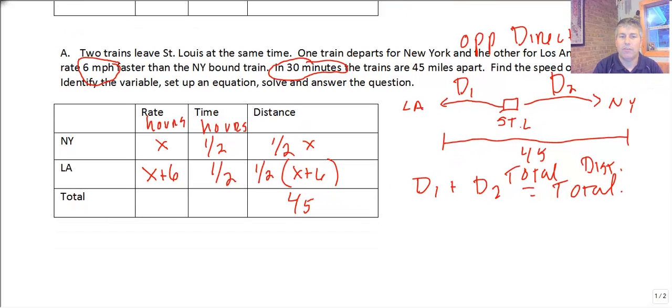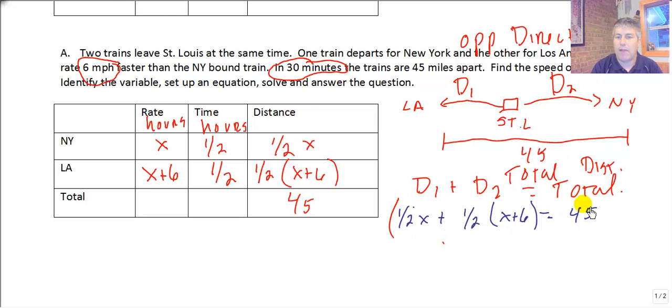And sure enough, the distance of the New York bound train plus the distance of the LA bound train, or distance 1 plus distance 2, or in our case, rate times time 1, 1/2 x, plus rate times time 2, 1/2 times x plus 6 equals our total distance of 45.